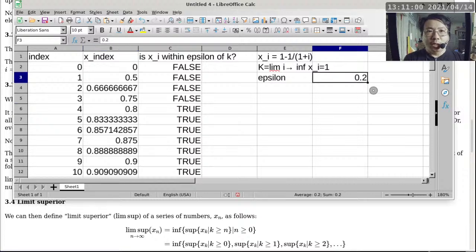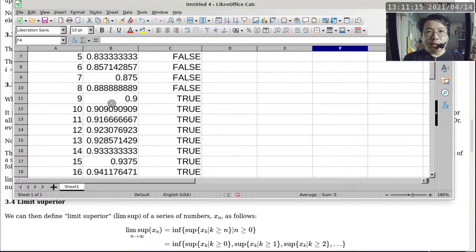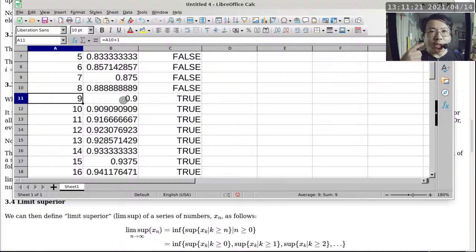Then somebody's going to say, but Tech, 0.2 is really kind of a large margin of error from the limit itself. So we'll make it smaller. Now we turn it into 0.1, and all we have to do is move m, which is the index of the first item in the sequence that is within epsilon away from the limit, down a little bit.